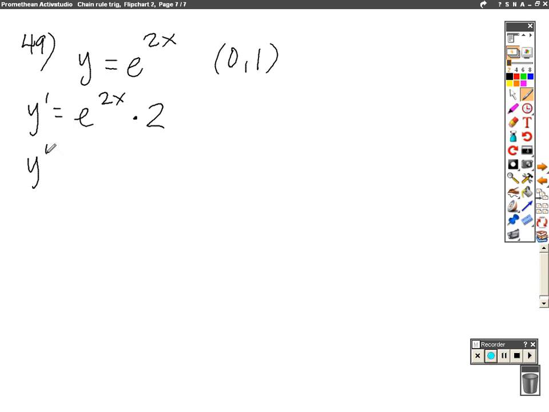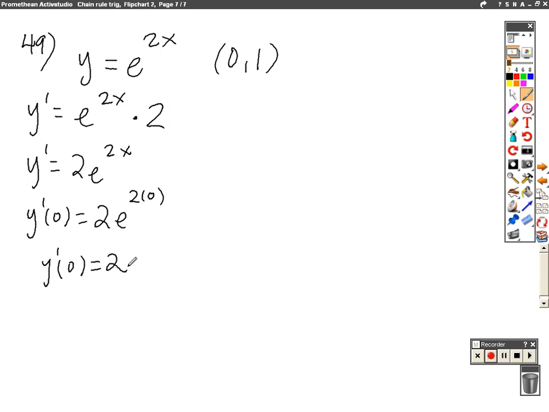So if we clean that up a little bit we get 2e to the 2x, and we're evaluating that at 0, so y prime of 0 is equal to 2e to the 2 times 0. Remember, e to the 0 is 1 and 1 times 2 is 2, so the derivative at 0, or the slope of the tangent line at 0, is 2.